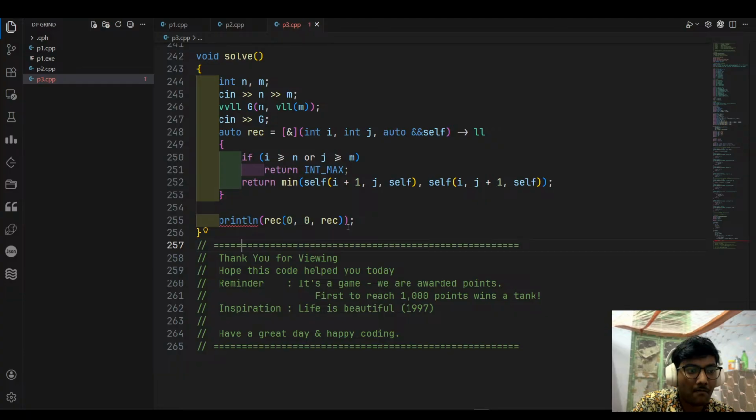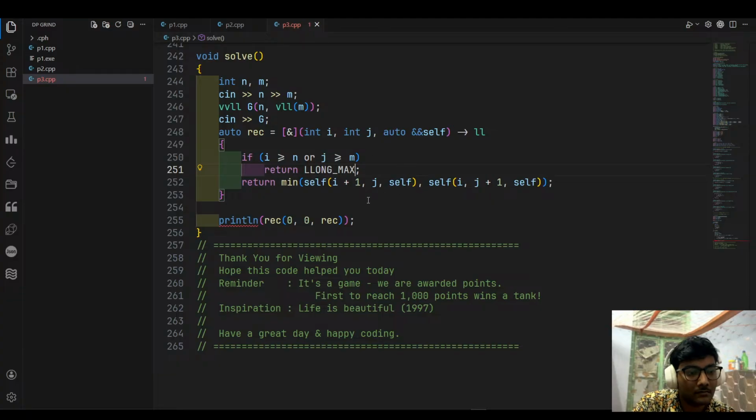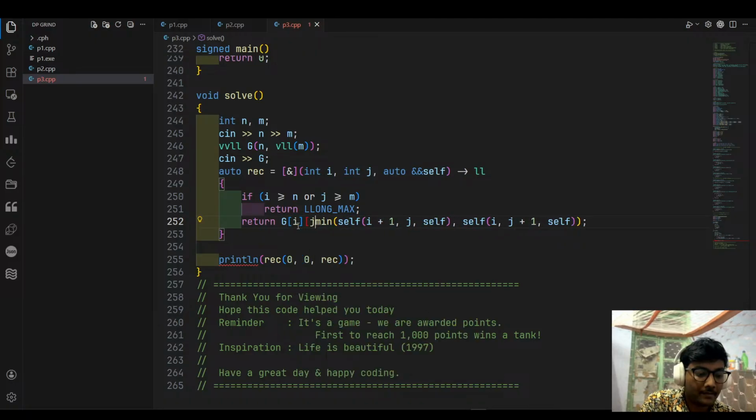Okay. So maybe LL max, but still, if i is greater than n or j greater than n, then return that, otherwise return g of i j plus this one.